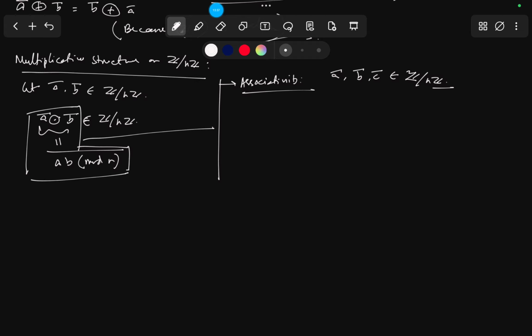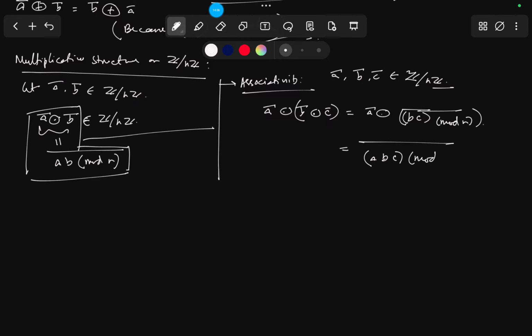Then what about a bar modulo addition b bar modulo addition c bar, which is basically a bar modulo addition to (b + c) mod n bar? Now if I multiply this, I will be getting mod of abc mod n bar.